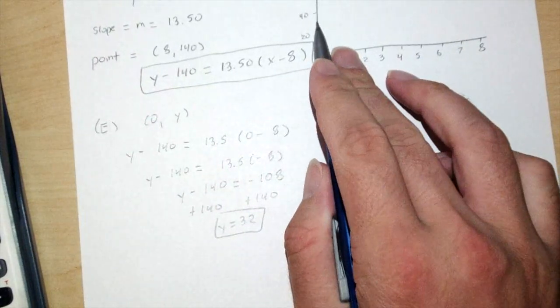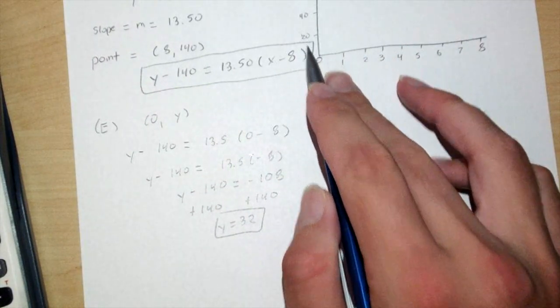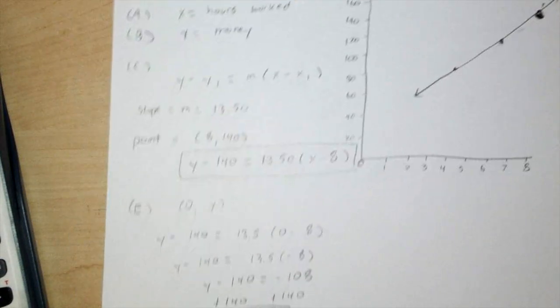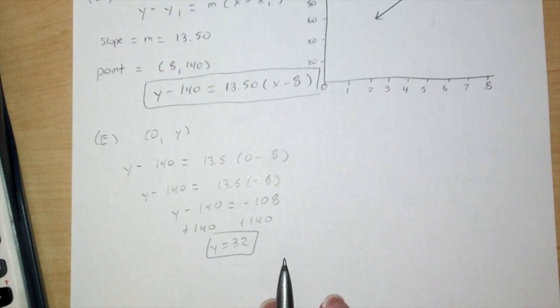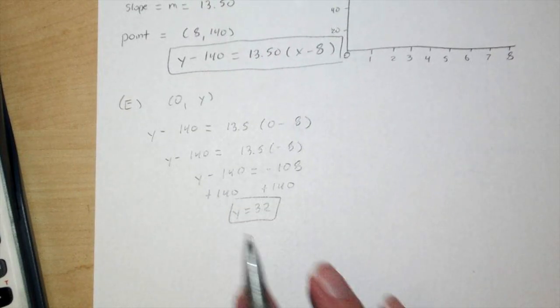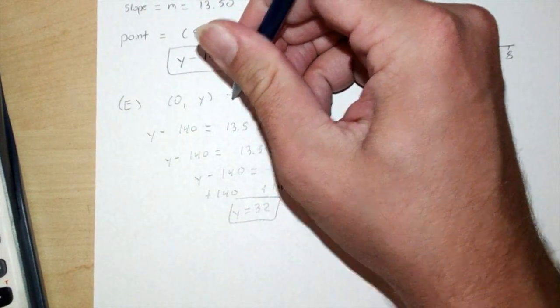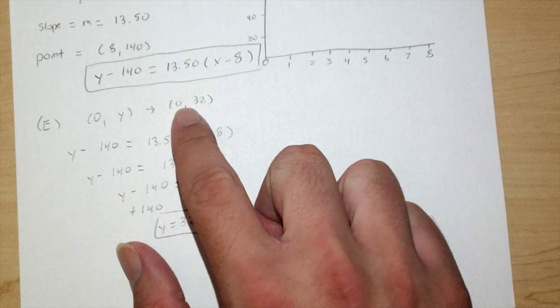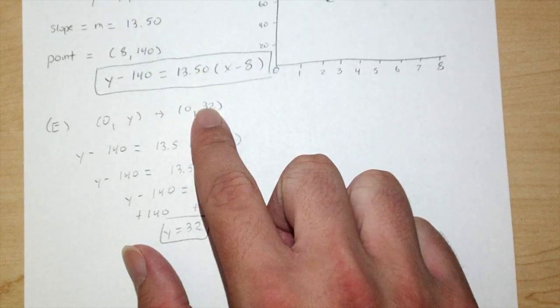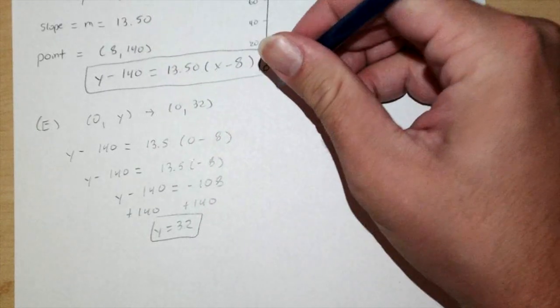So that is our intercept. Okay, so we intersected around 32, so the graph actually wasn't that bad. And we know that the point is 0, 32. And all that means is that before we started working in and out, we had $32 in our pocket.